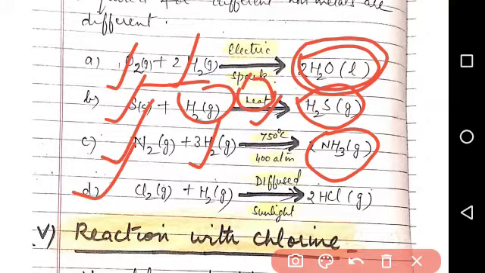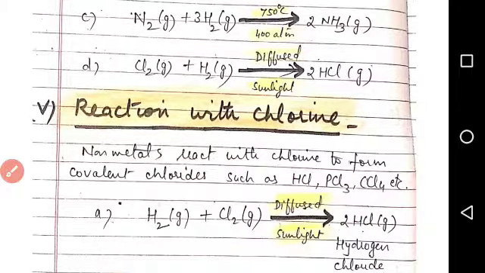Fourth, chlorine reacts with hydrogen to form HCl gas. The condition required is diffused sunlight. So various non-metals react with hydrogen in different conditions and form corresponding hydrides.